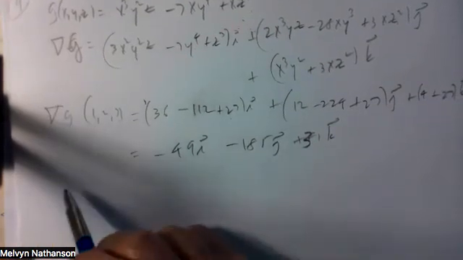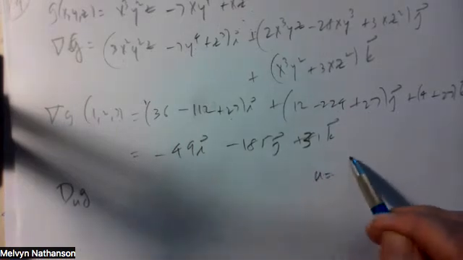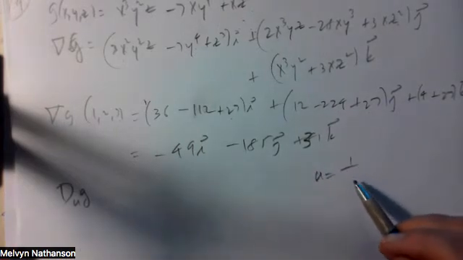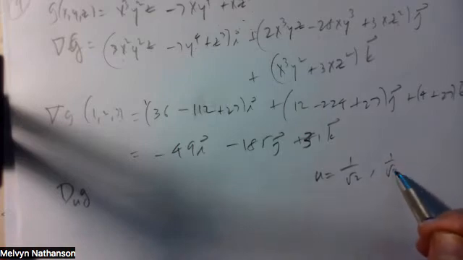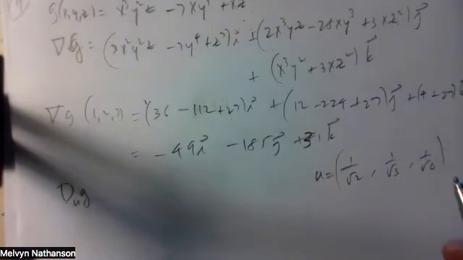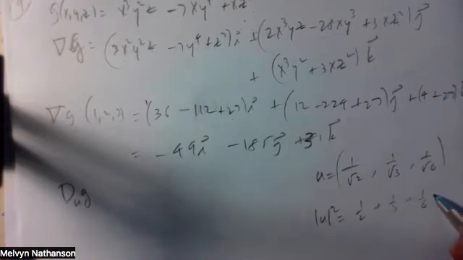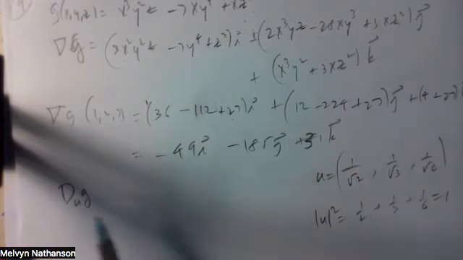And if we want the directional derivative of g in the direction u, where u is 1 over root 2, 1 over root 3, 1 over root 6. If I take the length of u squared, that's a half plus a third plus a sixth, which is 1. So this is a unit vector.